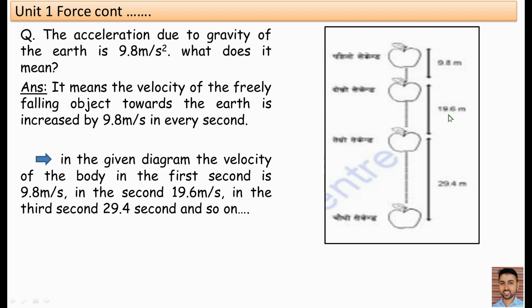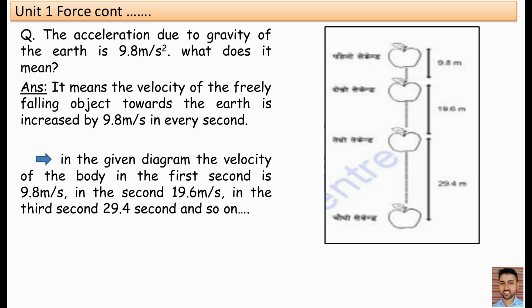In the second second, the distance traveled by the apple is what? 19.6 meter. Because in the second second, the velocity of the freely falling body is increased by 9.8 meter per second. That's what we have to add: 9.8 plus 9.8, that is 19.6 meter distance traveled by the body in the second.